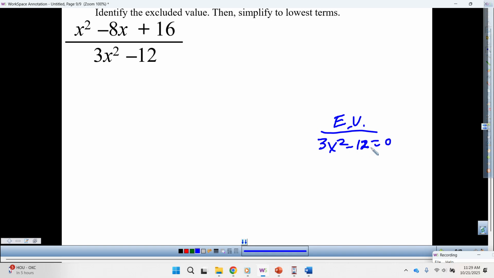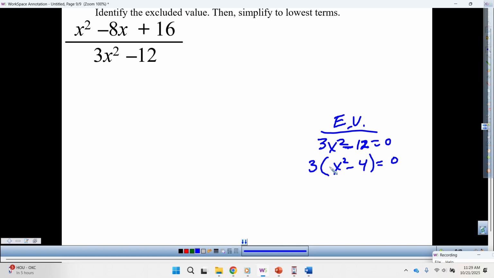Now check this out. Look up. Isn't this a binomial? Yes. Subtraction? Yes. But can I take the square root of 3? No. So that should give us a hint and think. Could there be a GCF for these two terms? What is our GCF? 3. That leaves us with x squared minus 4 equal to 0.